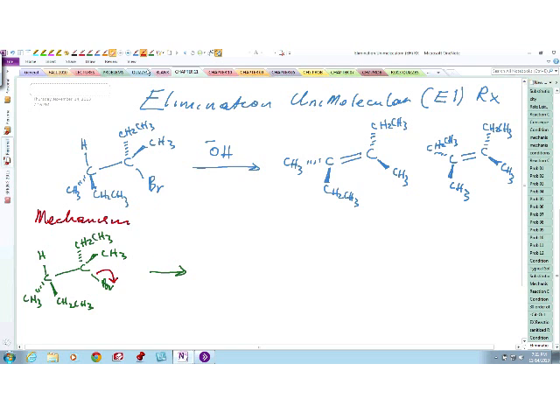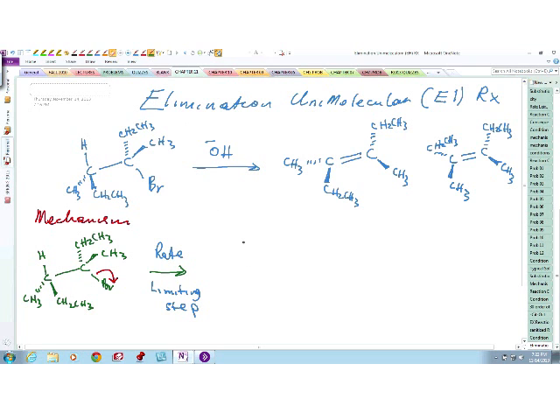And this here is the rate limiting step. You notice right here, just as in the case of the SN1 mechanism, you do not need the base in the rate limiting step of the E1 reaction.